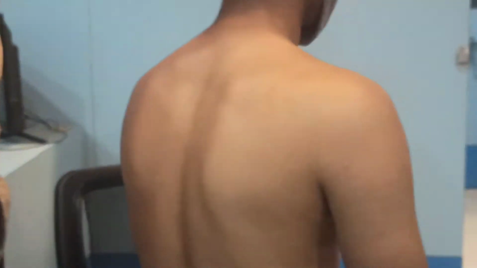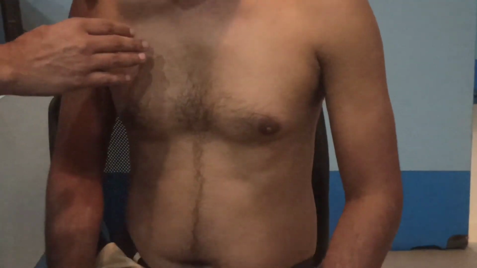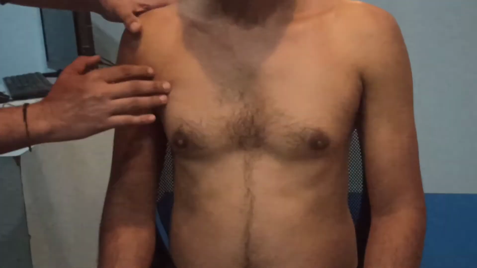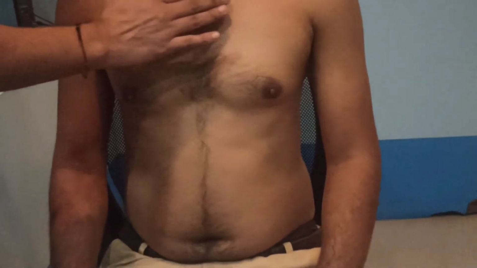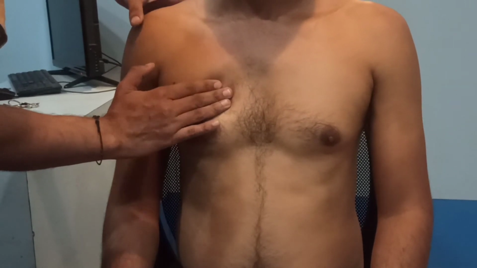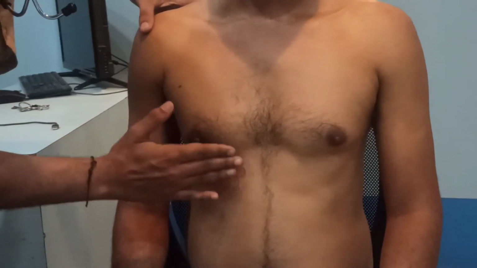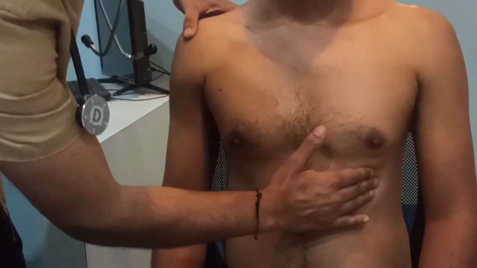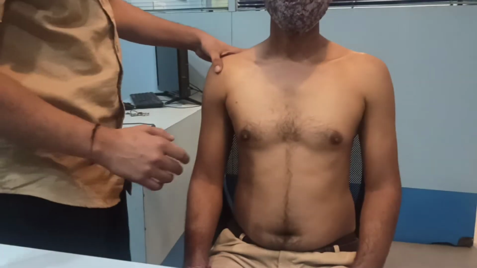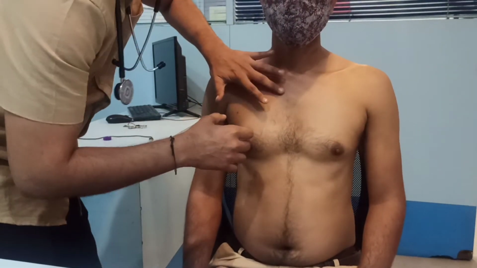Now we are going to the anterior thorax. Firstly, we inspect for any kind of deformities or abnormal retraction. Now we are going to palpate the anterior chest wall. Percussion is the same as the posterior chest wall, in a ladder pattern.